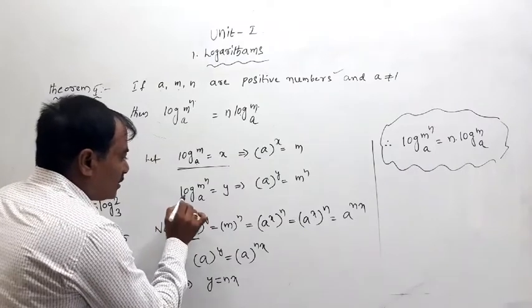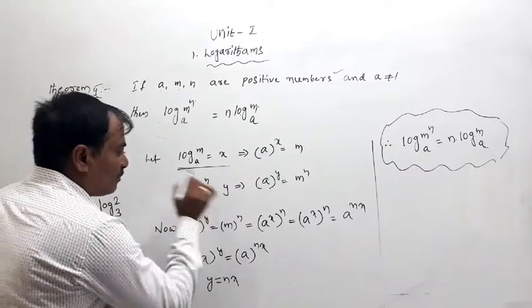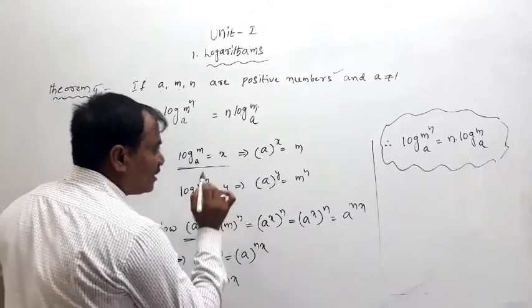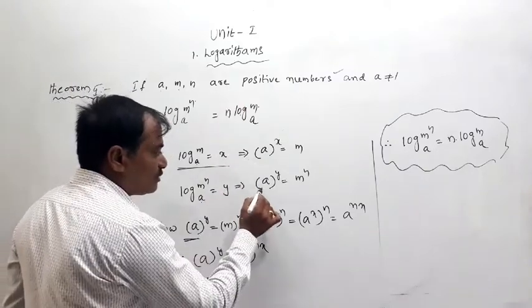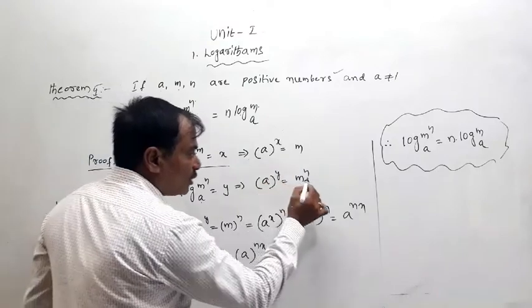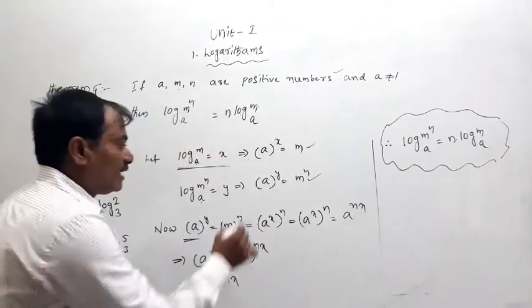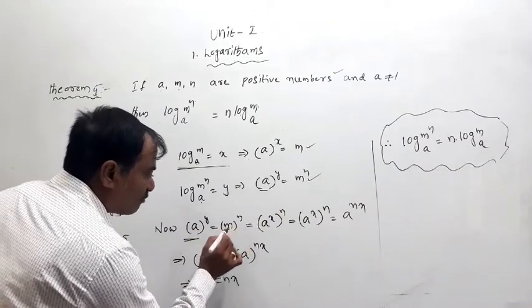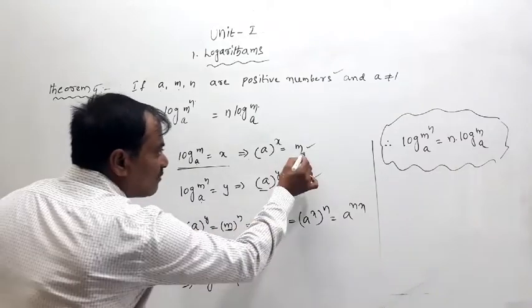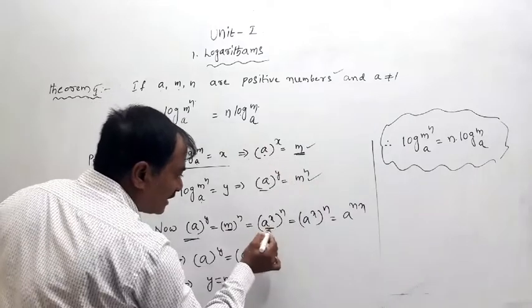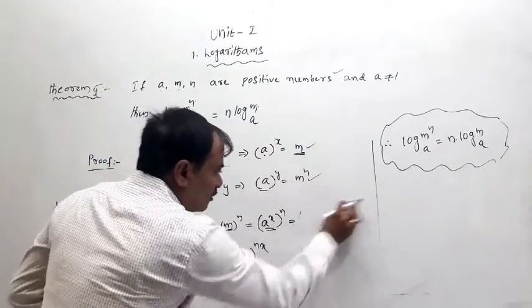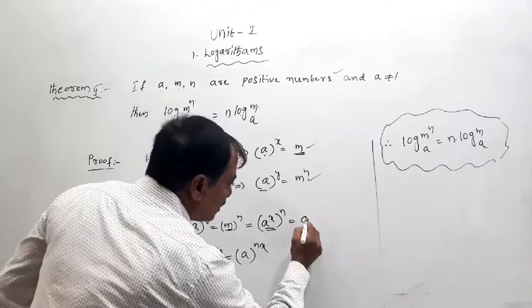And assume log m to the power n to the base a equal to y; by the definition of logarithm, this becomes a to the power of y equal to m to the power n. But what is m? m equal to a to the power of x, so this is equal to a to the power of nx.